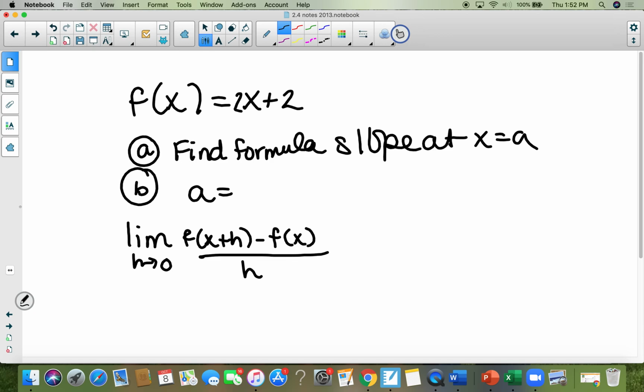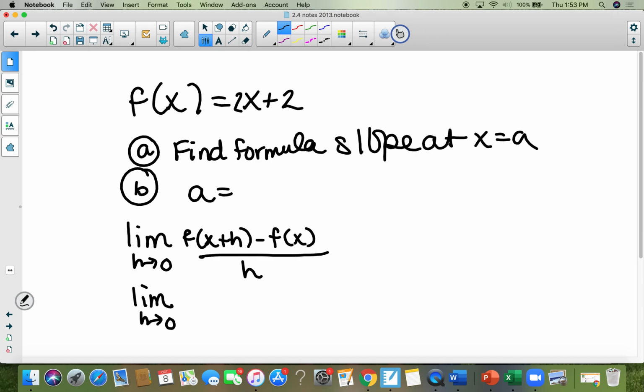You will get deducted on the test if you don't keep putting the limit as h approaches 0, because that changes it from the secant line to the tangent line. You cannot do shortcuts in calculus. You have to keep doing the limit as h approaches 0.